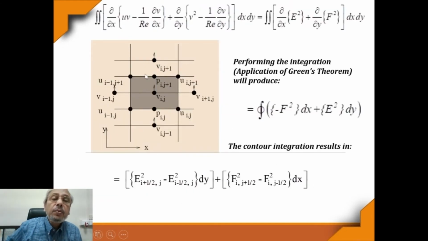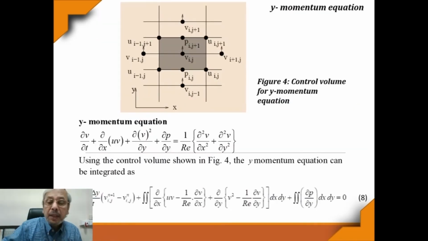That is equation 8. Now integration of del v del t is very easy. Over the volume, it gives delta x delta y by delta t into Vij at the n plus 1th level minus Vij at the nth level.